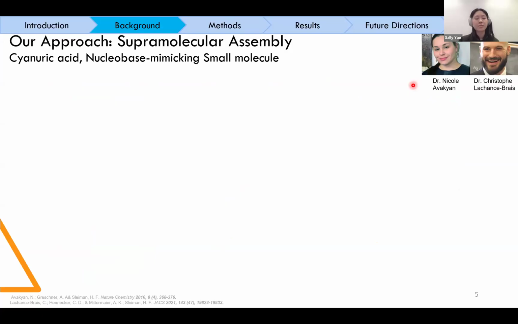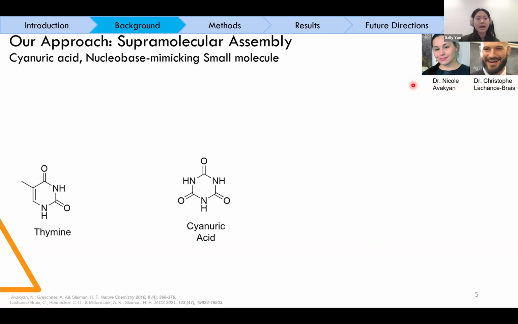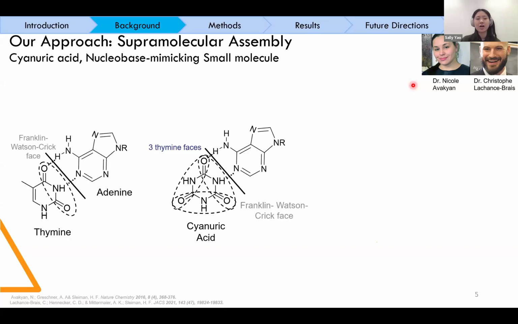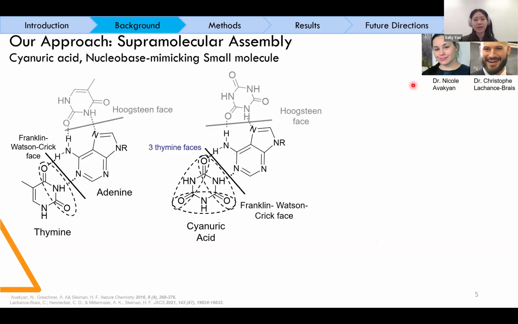For my project, I'm mostly focused on a small molecule called cyanuric acid. What is interesting about this small molecule is that it's a nucleobase-mimicking small molecule that has three thymine faces, and it's highly symmetrical. So it not only binds to the Watson-Crick faces of adenine, like thymine, it also binds to the Hoogsteen faces of adenines.